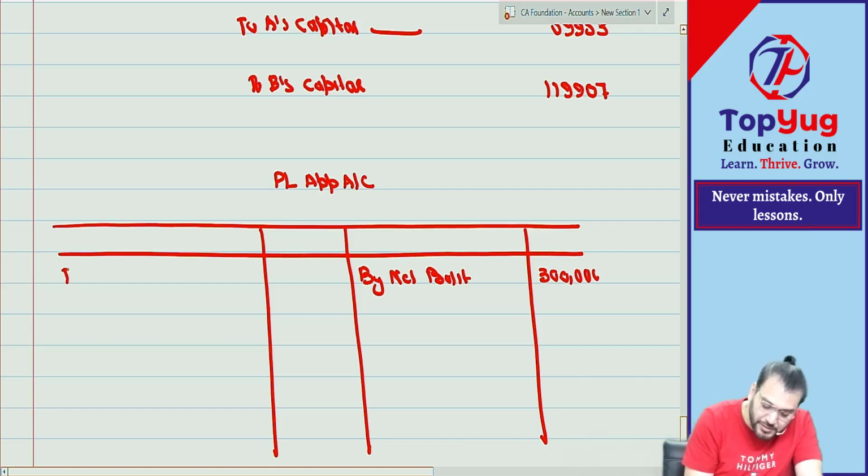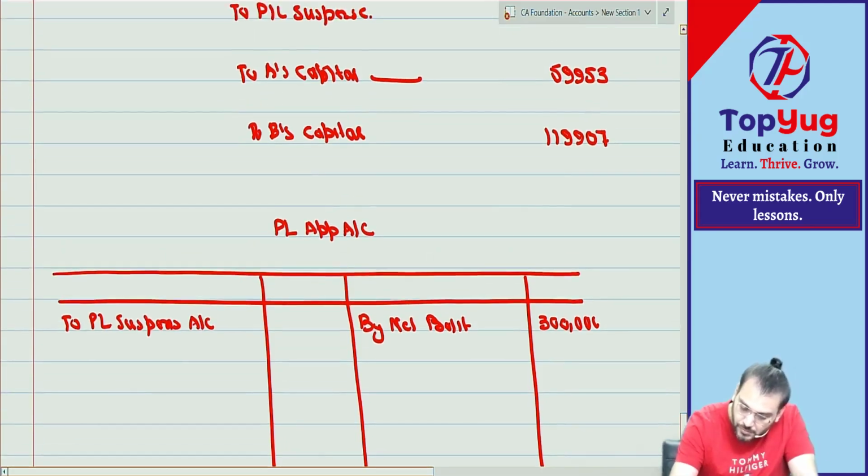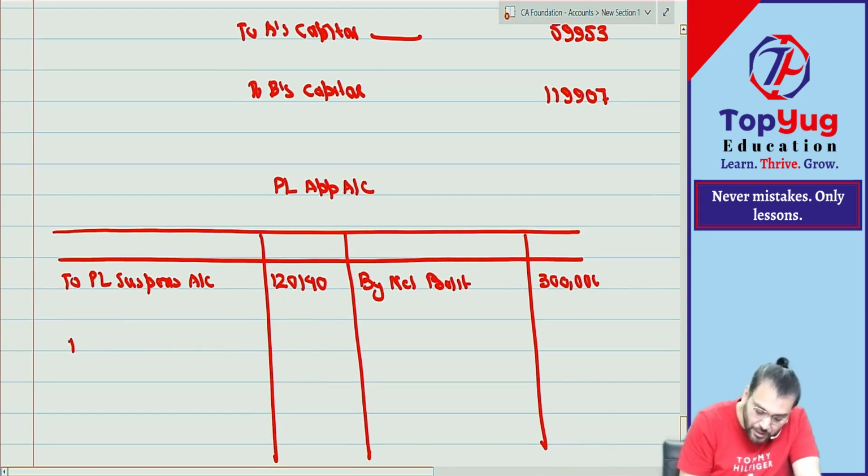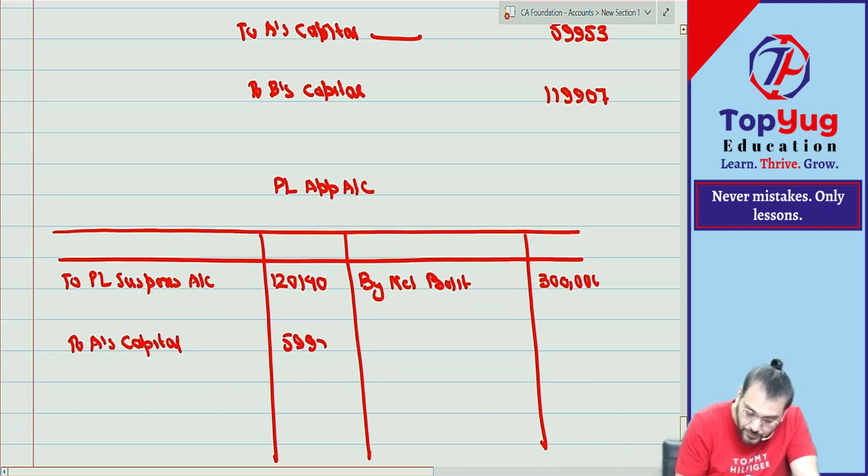To P&L suspense how much? 1,20,140. To A's capital how much? 59,953.